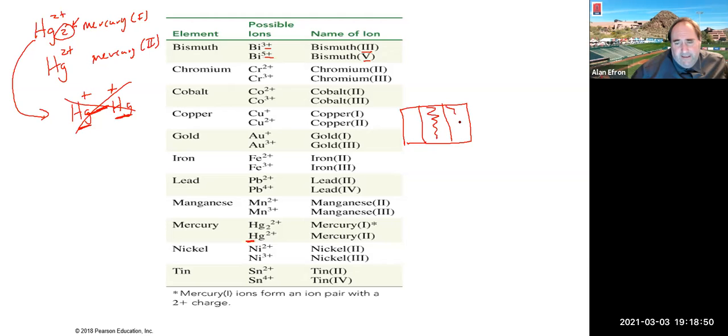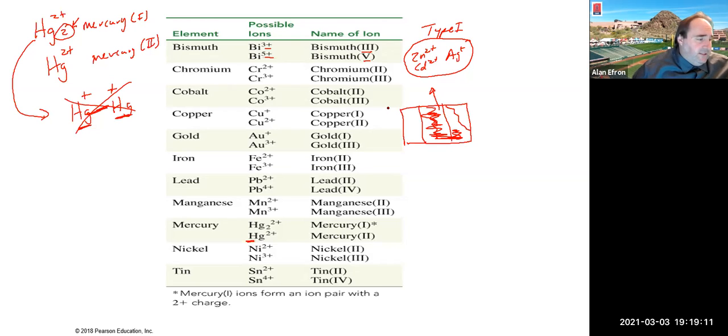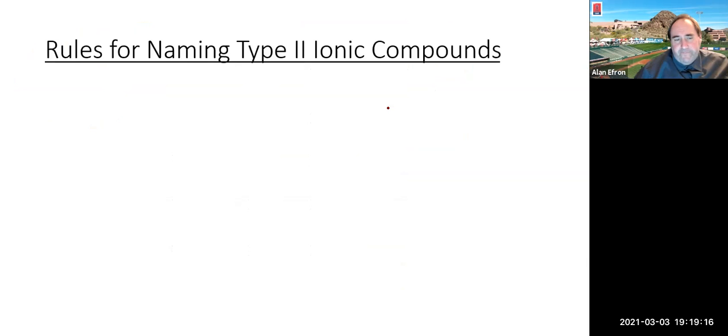And again, just to the right on the periodic table below the staircase, the only 3 exceptions from the transition metals that we talked about earlier are zinc, which is always a +2, cadmium, which is always a +2, and silver. So those are 3 exceptions that are actually type 1 guys. They have fixed charges. So even though they're transition metals, there are some exceptions that occur there.